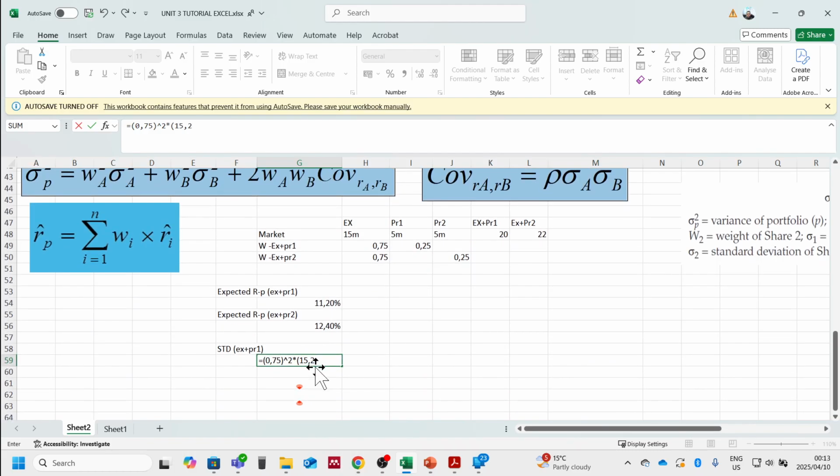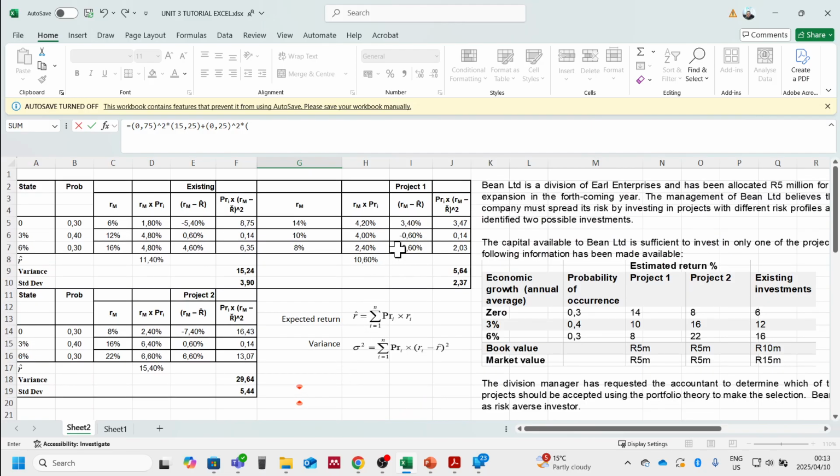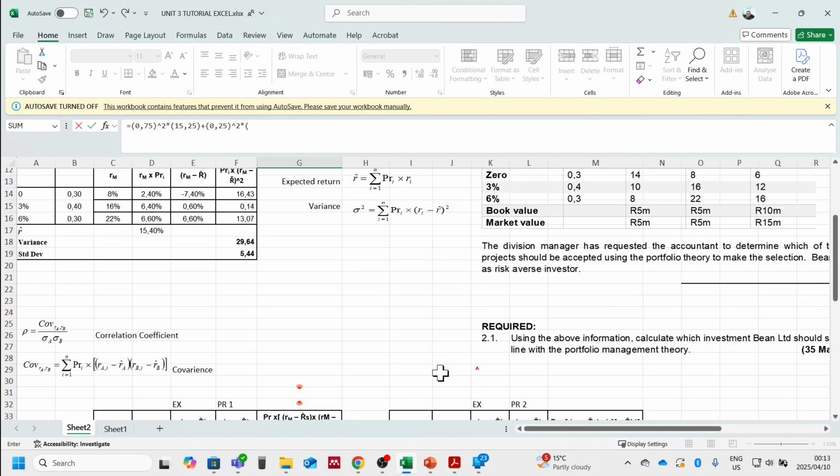So 15.24 percent, we close brackets, and then plus the weight of asset B, which in this case is 0.25, close brackets to the power of 2, and all of this multiplied by open brackets. We are looking now for the variance of project 1, which is 5.64%.